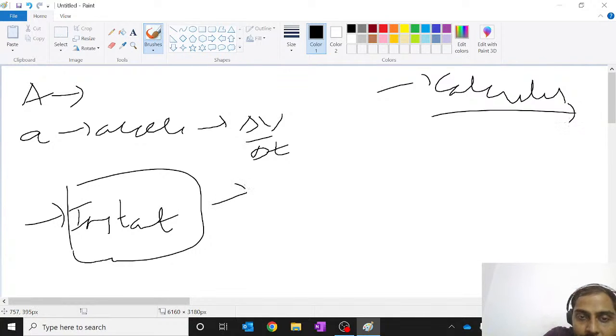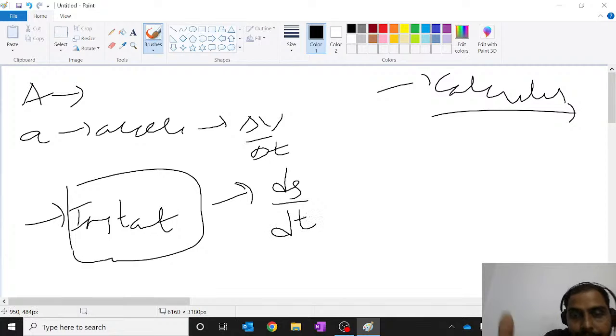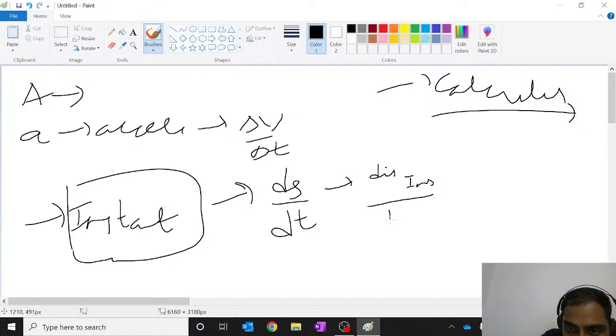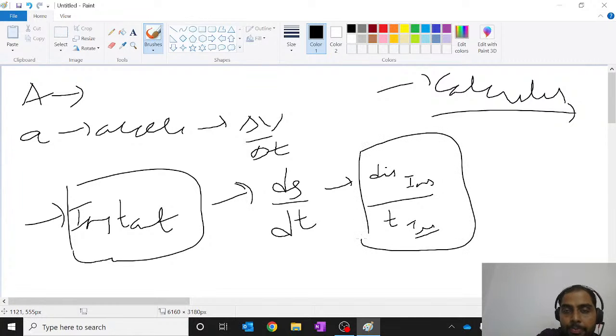That is why you write instantaneous velocity is nothing but ds by dt: distance traveled in that instant by time taken for that instant. For example, say my total journey is 100 seconds, traveling from Narayanguda to Secunderabad.